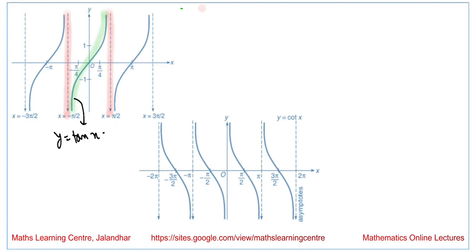Now if we write y equals tan x and plot this graph, we convert it to y equals tan of pi by 2 minus x.